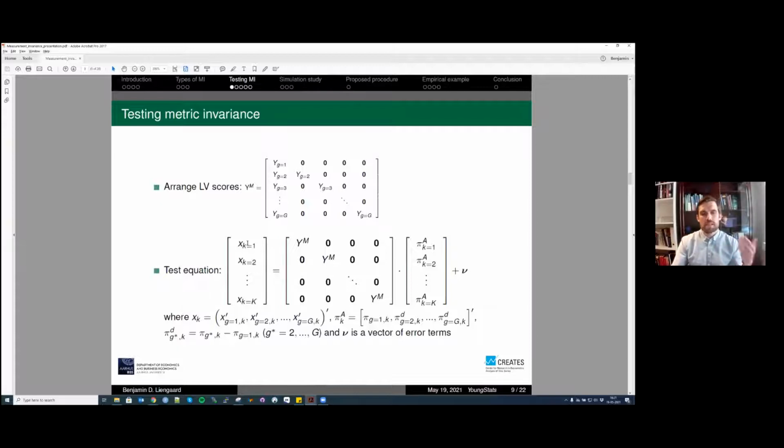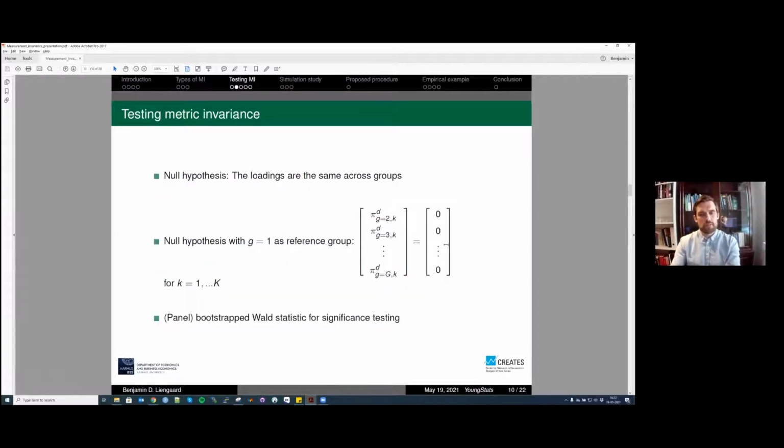We also stack all of the indicators in a specific way. The testing equation then gives us a set of coefficients which measures the difference between a reference group's loading and another group's loading. So if these differences are 0, that means that the loadings do not differ between a reference group and another group.